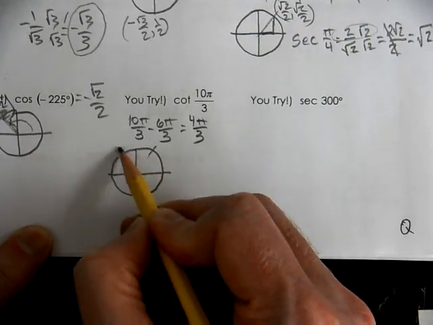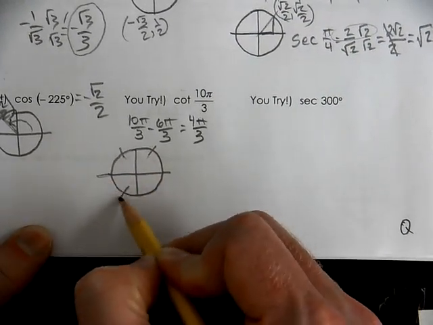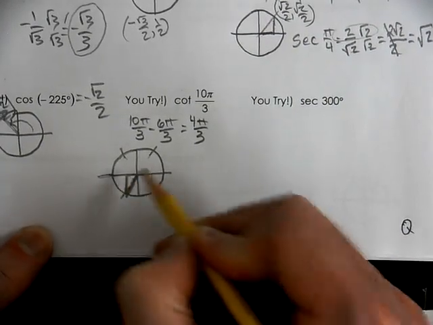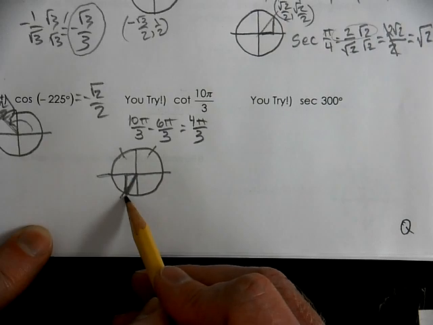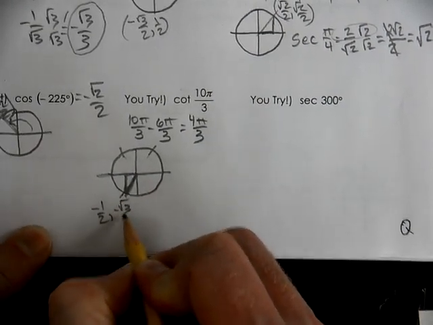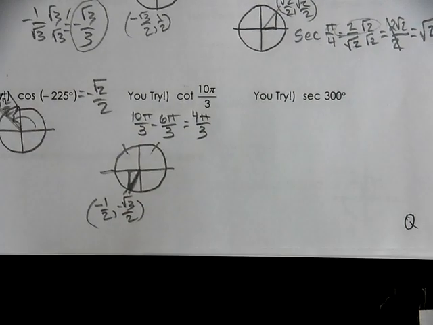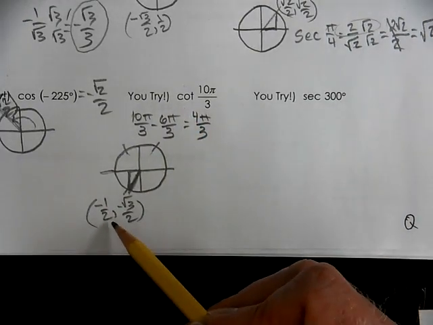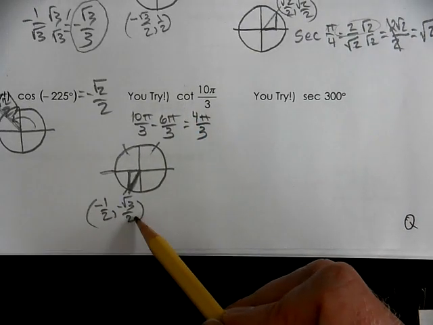This is 1/3, 2/3, 3/3, 4/3. That's way down here. Short over, long down. So we can do our coordinate. Cotangent. It's not tangent. It's not y over x. It happens to be x over y.